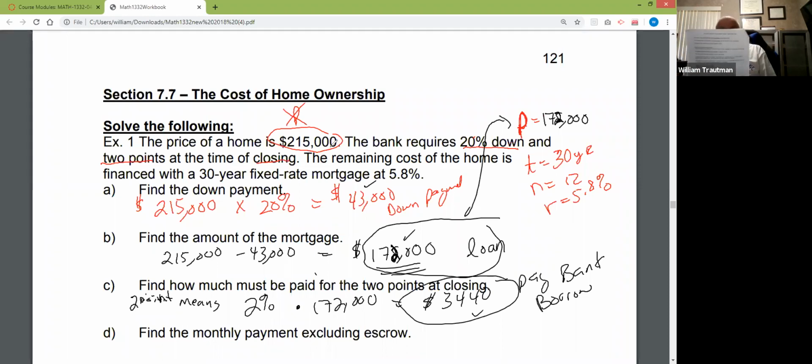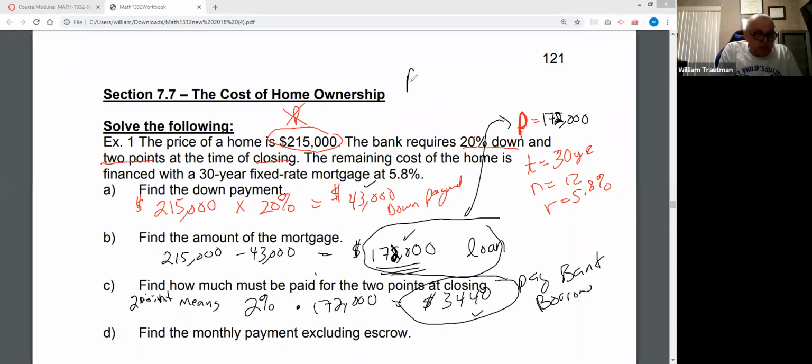Payment equals P times (r/n) over 1 minus (1 plus r/n) raised to the power of negative nt. So we're going to use that payment formula and put it in our calculator.